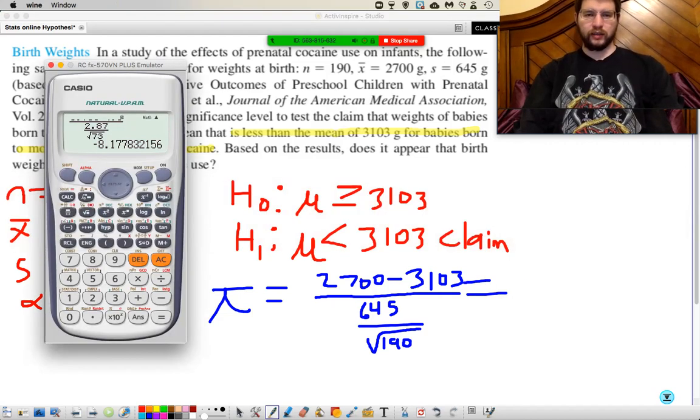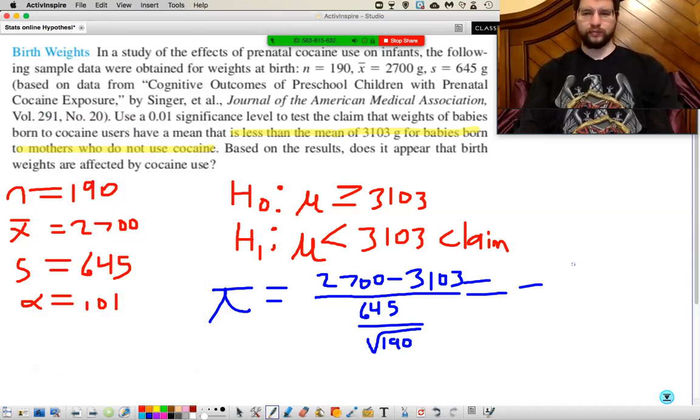That gives us a test statistic of negative 8.6, another huge test statistic.